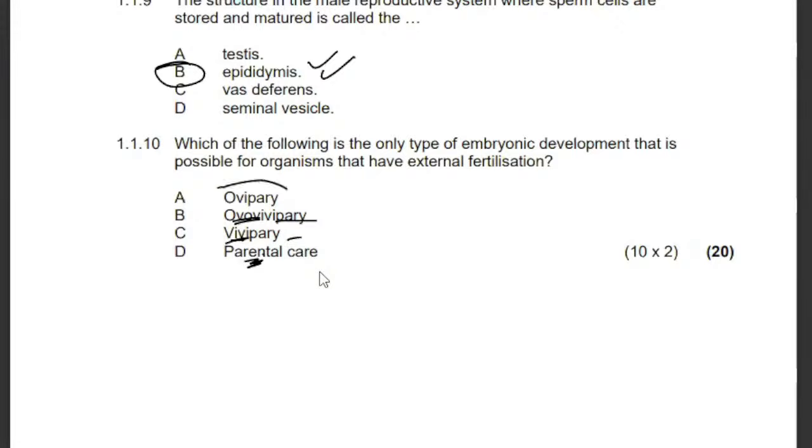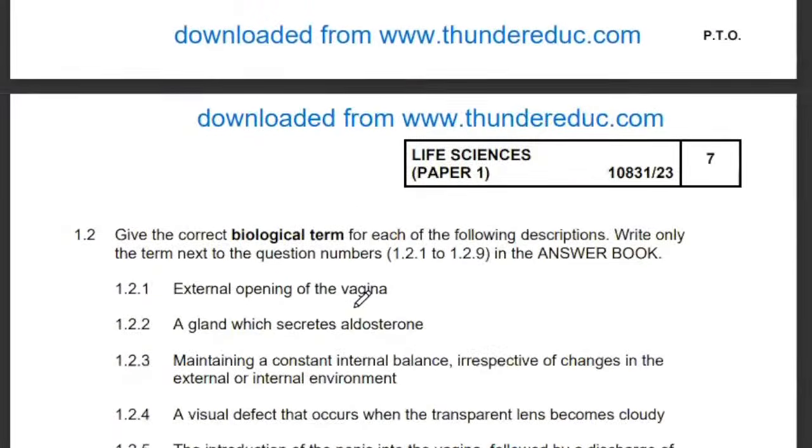So we are looking at oviparity, or oviparous. External fertilization is linked with this. Why? Because the sperms are sprinkled on the eggs when the eggs have already been laid. So the most correct answer here is going to be A.